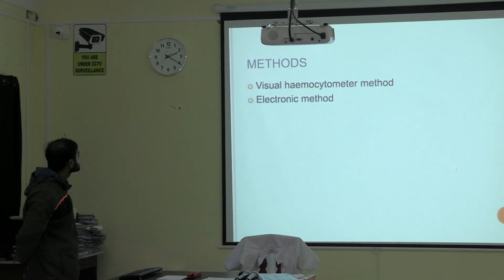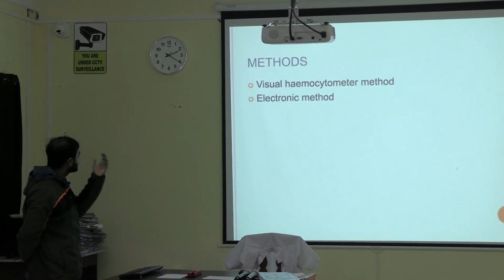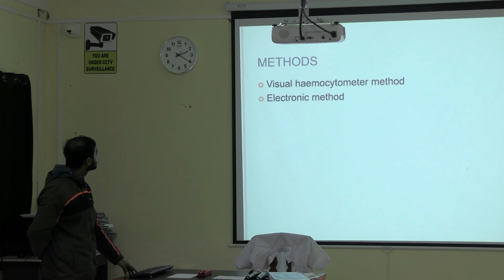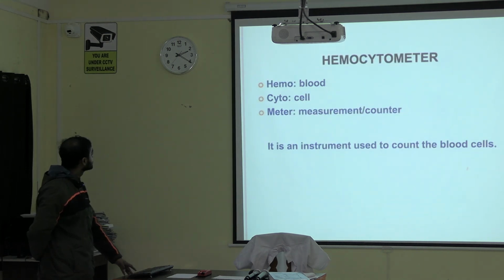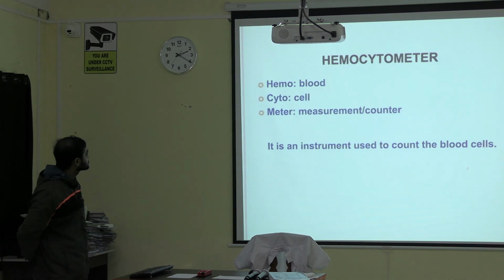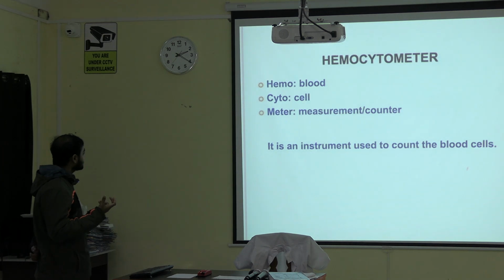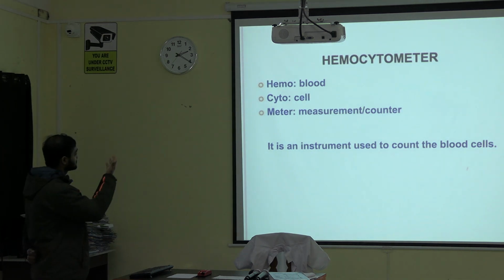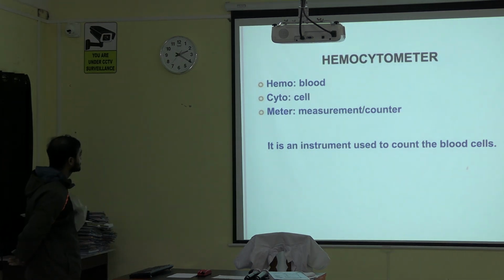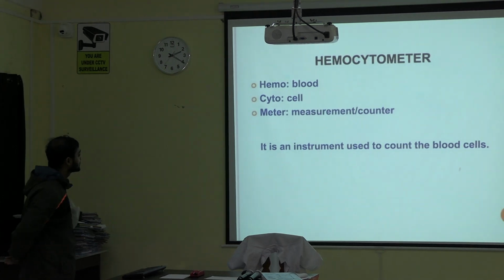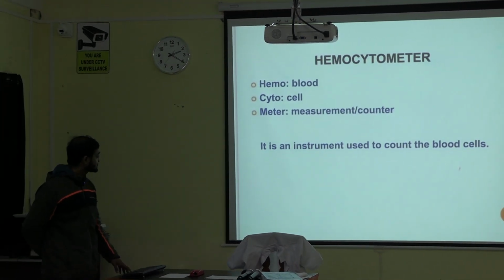There are two methods, the visual method and the electronic method. Today we'll be seeing the visual hemocytometer method. First we need to understand the term hemocytometer: hemo means blood, cyto means cell, and meter is used for measurement. So it is an instrument used to count blood cells.